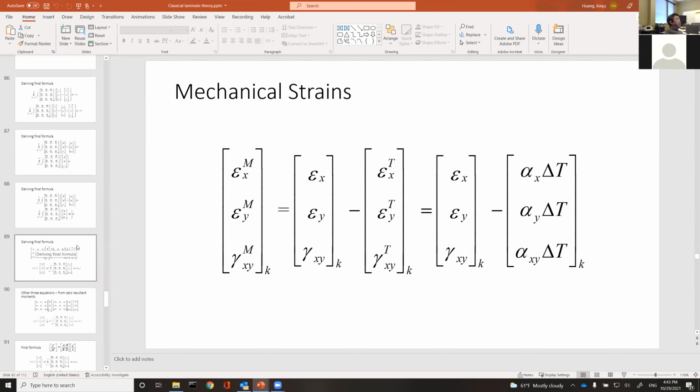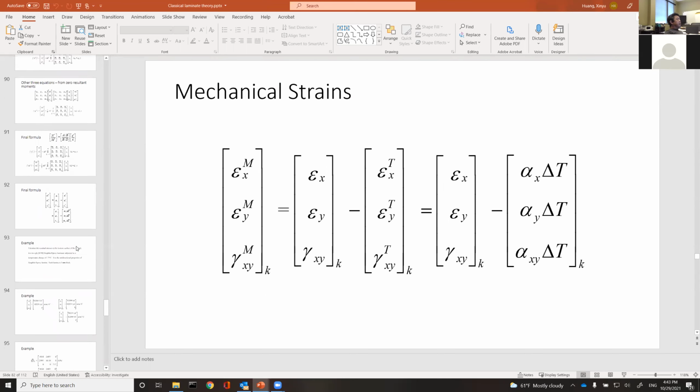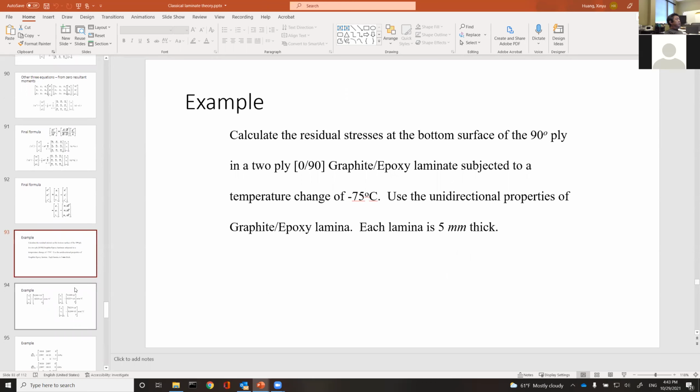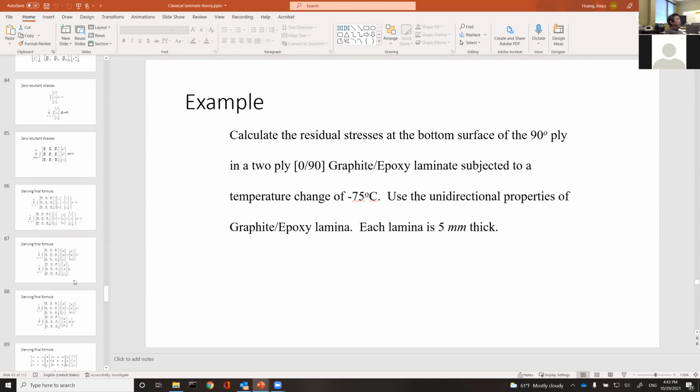And then you calculate something called an effective load. We use a superscript T for it.